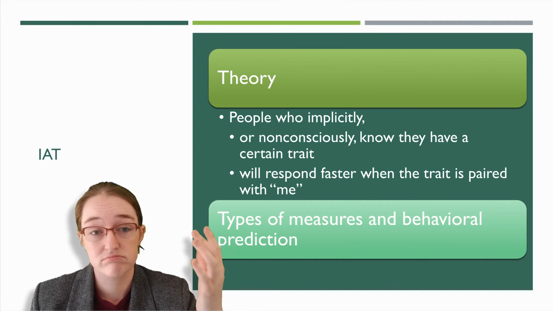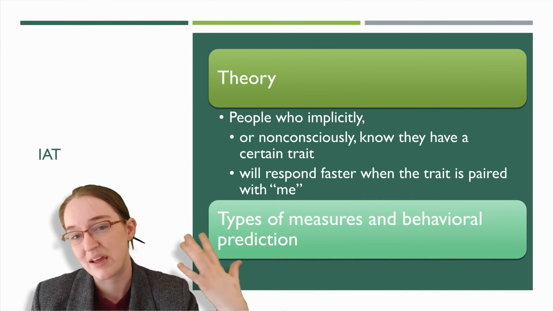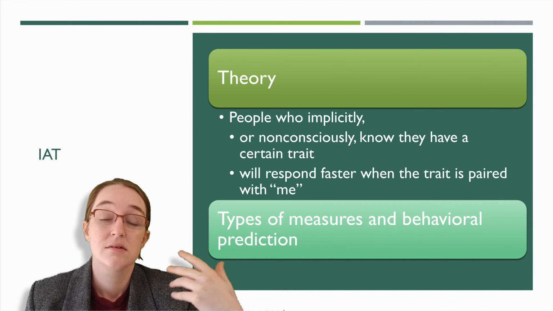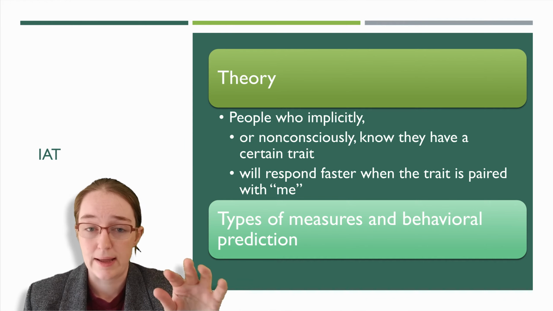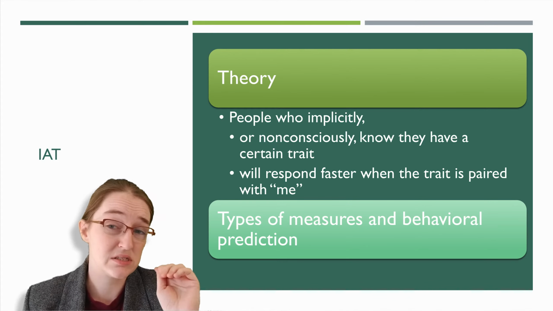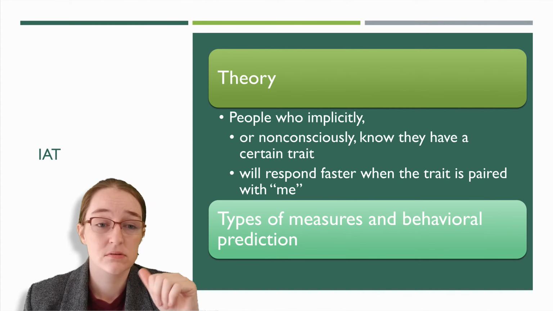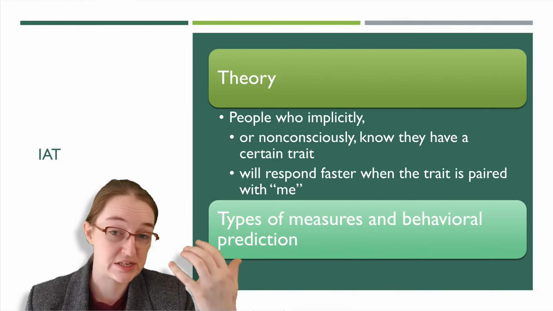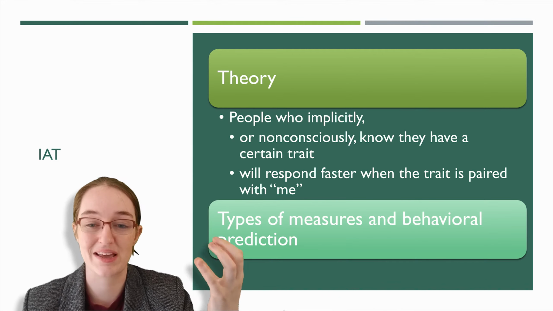These measures are a kind of behavioral measure, and they don't always align with self-report, and the implicit measure is not universally better. Self-report measures can often predict consciously controlled behaviors better.